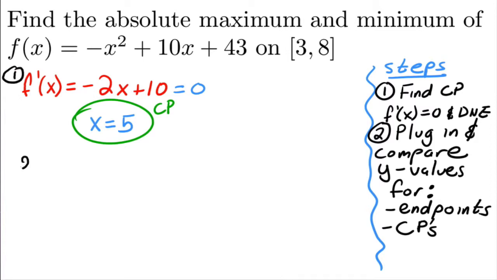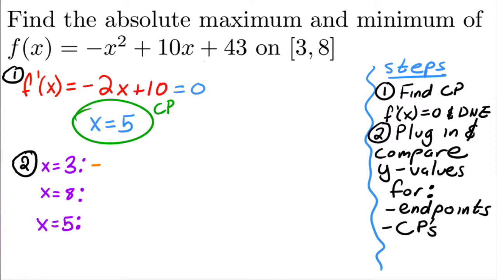So step 2 is you basically grab the endpoints, which are 3 and 8, and then you grab the critical point 5, and we just plug each one of those into the function, and the biggest will be the absolute maximum and the smallest will be the absolute minimum. Easy, right? Okay, so let's do it.